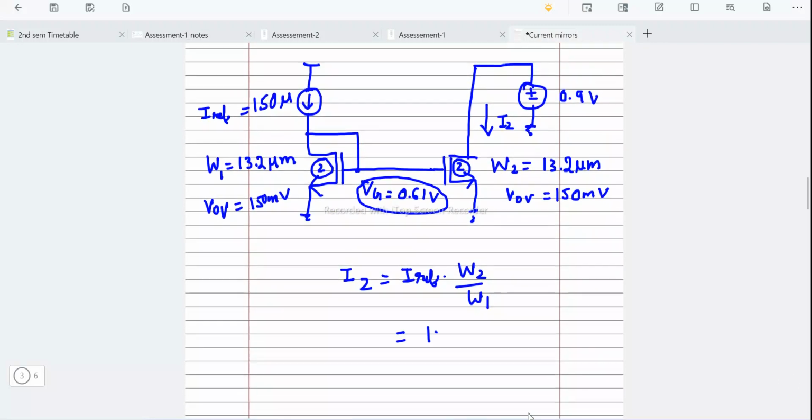So Iref is 150 microamps, and if we want to design a mirror for a current of 1.5 milliamps, we know the width W1 is 13.2 micrometer, so we have to find W2 here.